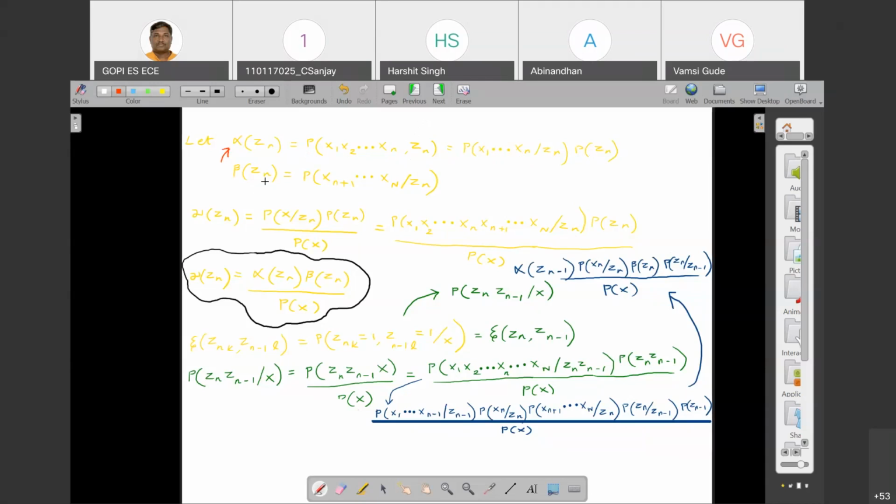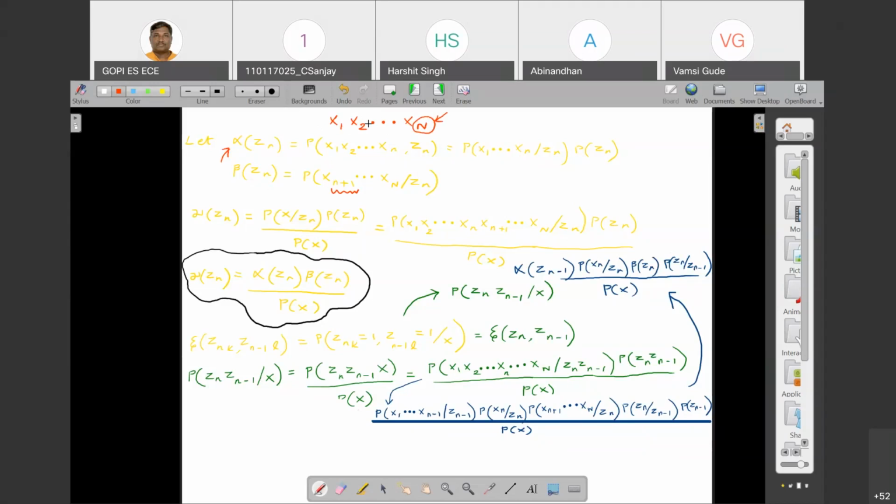Beta of Zn is written as the probability of xn plus 1. You see that it starts with n plus 1. Here we are talking about the sequence x1, x2, and so on up to xN. This is the actual sequence being generated, the sequential vectors. There are capital N vectors.